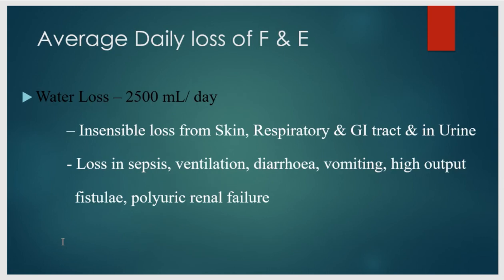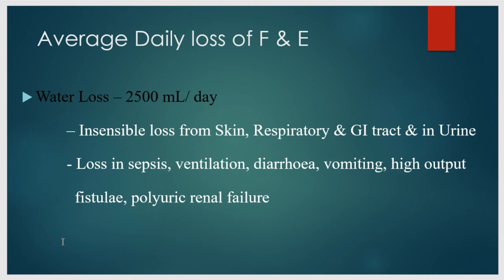So water loss is around 2.5 liters per day, and this 2.5 liters of water is being lost through insensible loss from skin, the respiratory and GI tract, and urine. And it is also lost usually in sepsis, during mechanical ventilation for longer duration, and diarrhea.